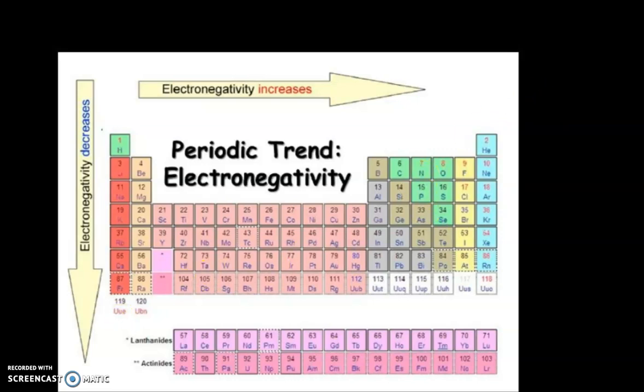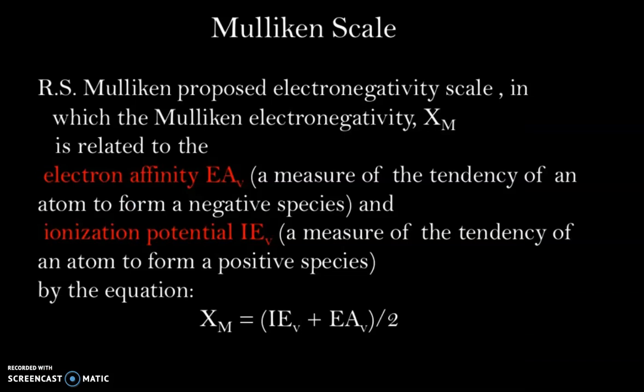Now the next scale is the Mulliken scale. R.S. Mulliken proposed an electronegativity scale in which the Mulliken electronegativity, that is Xm, is related to the electron affinity, a measure of the tendency of an atom to form a negative ion, and the ionization potential, that is IE, a measure of the tendency of an atom to form a positive ion.